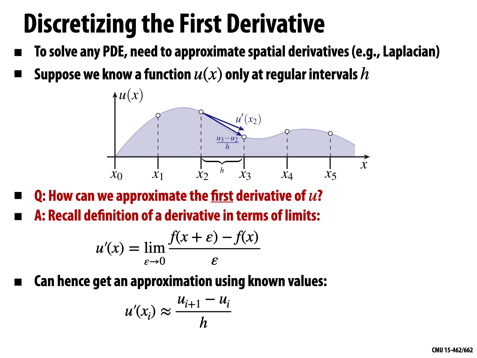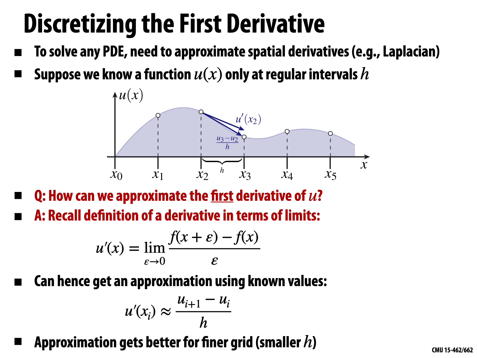I know the value at xi, and I don't know a value infinitesimally close, but I can at least just look at my closest neighbor, ui plus 1, take a difference, divide by h, the spacing, the distance between these samples. And as you might imagine, this approximation will get better and better and better as the grid gets finer.